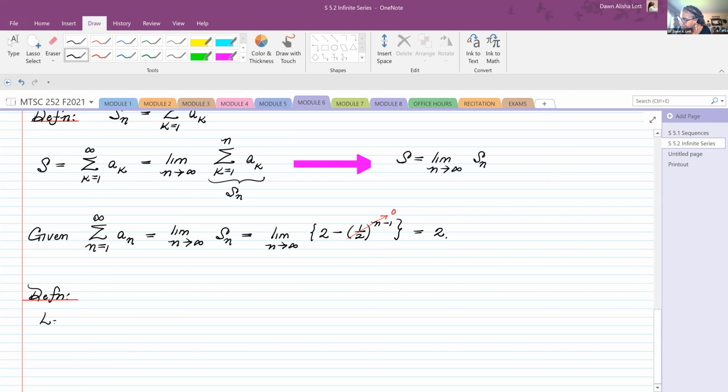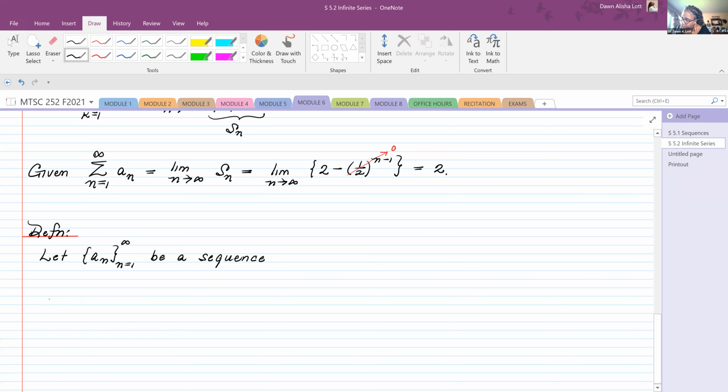Okay, so let a_n be a sequence. That is a list of numbers. If the sum k equal 1 to infinity of a_k is equal to some number L, then the series converges.